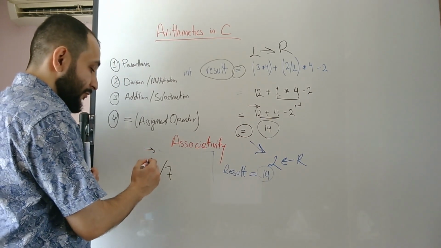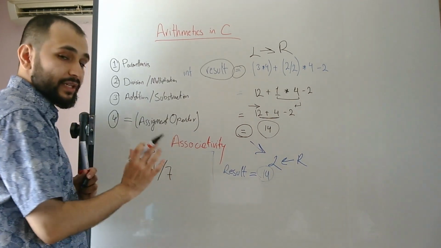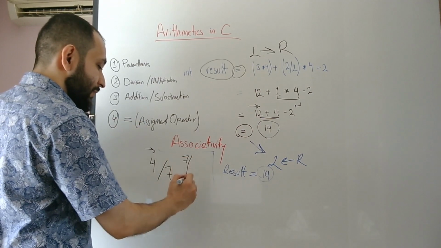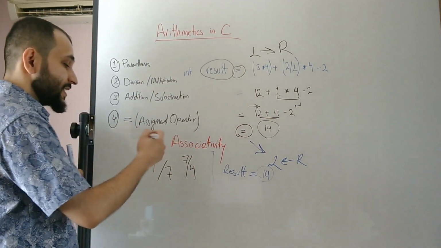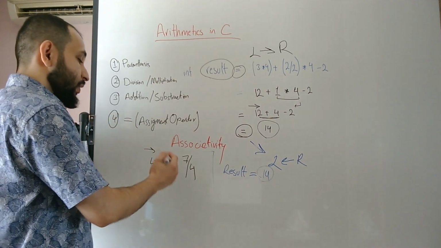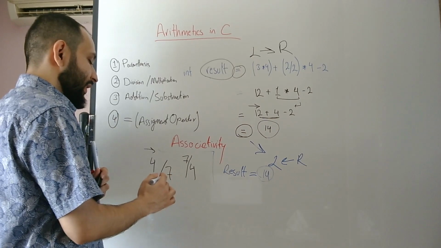That's how we read it. 4 divided by 7, not 7 divided by 4. Here you can see that associativity makes a difference. 7 divided by 4 or 4 divided by 7 will produce different results because associativity makes a difference in here. So you have to remember that as well.